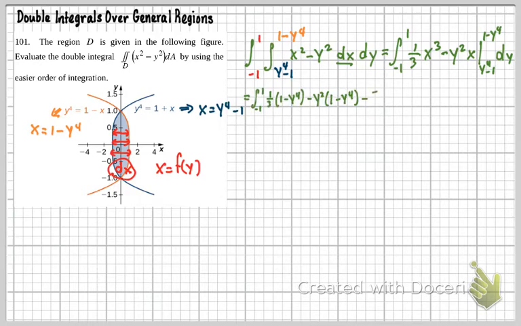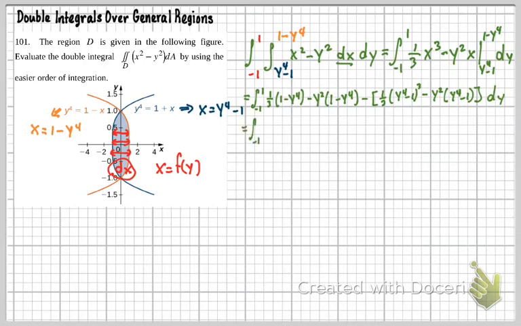Now minus the lower bound, which is the 1/3, and y to the 4th minus 1 to the 3rd minus y squared, y to the 4th minus 1, dy. All right, so now we're going to clean this up some more.